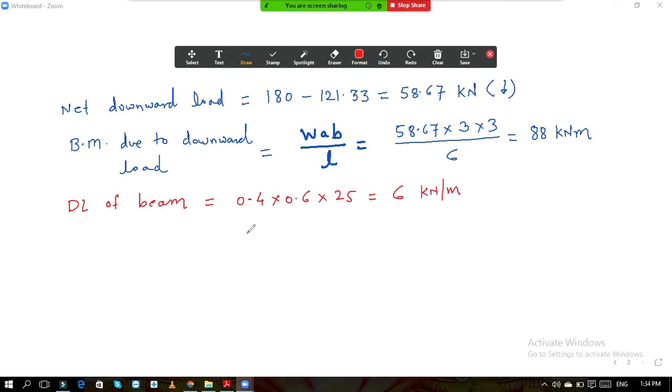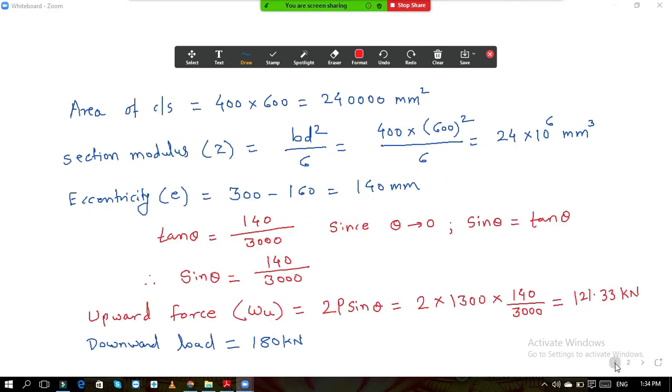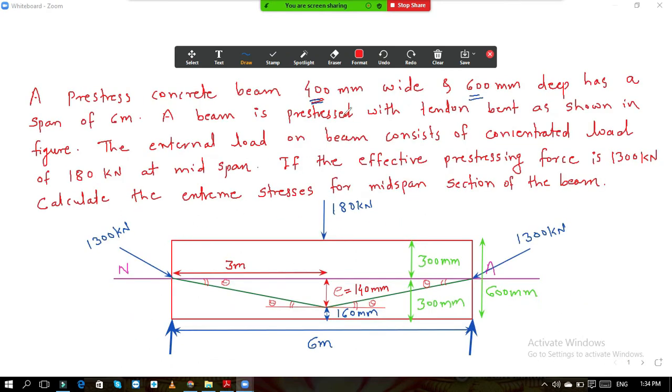This is the dead load, and you always know that dead load is always UDL, because self weight is always acting along every part. You cannot tell that the load is different at any of the points. So it is 6 kilonewton per meter. Again, a simply supported beam carrying UDL of 6 kilonewton per meter.